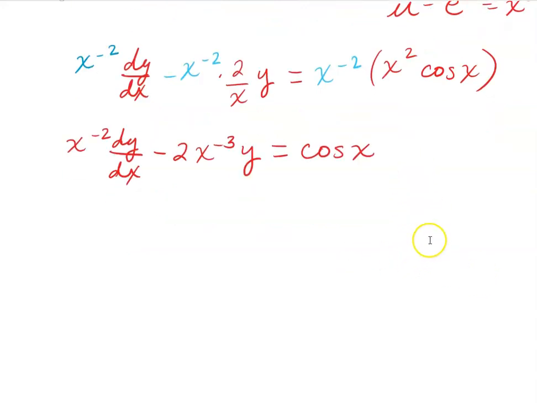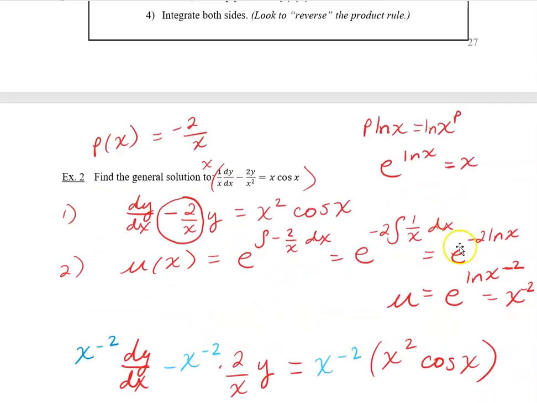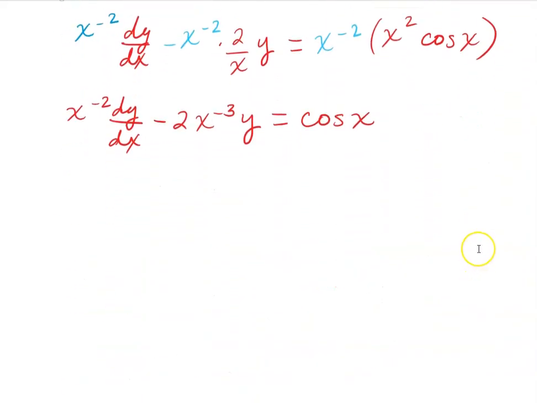Now, here's the thing that's a little different that I want you to notice. When I said back here, look to reverse the product rule, this is the format it's going to follow every time when you use this integrating factor method. This is the derivative of the product of two terms.